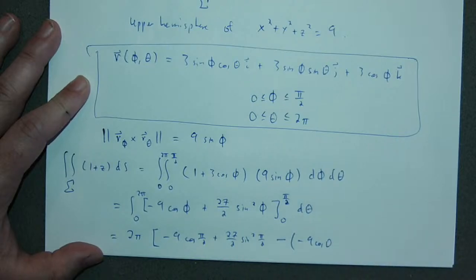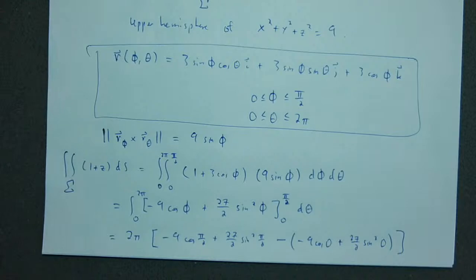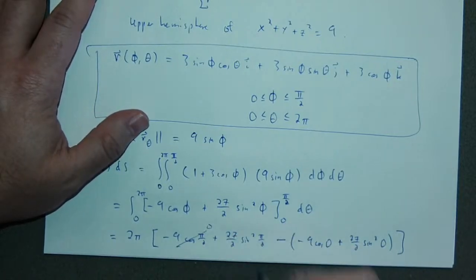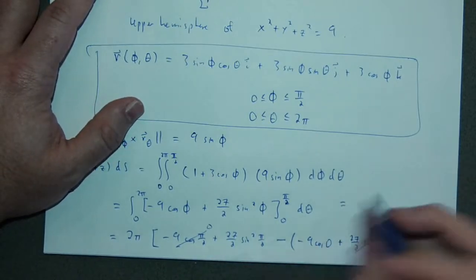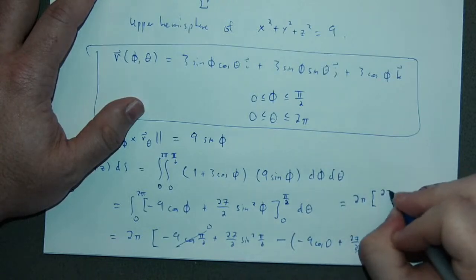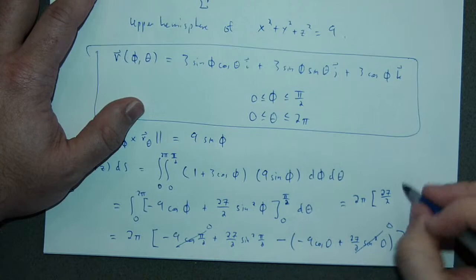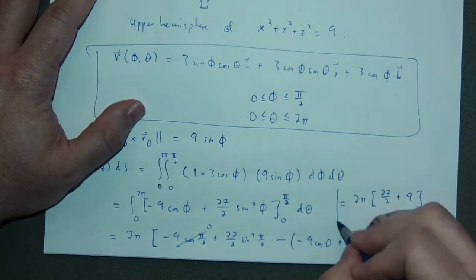So that's minus 9 there. Plus 27 over 2 times sine squared 0. Okay, so this is 0. This is 0. And so I have 2 pi times 27 halves plus 9. And I'll leave it like that.